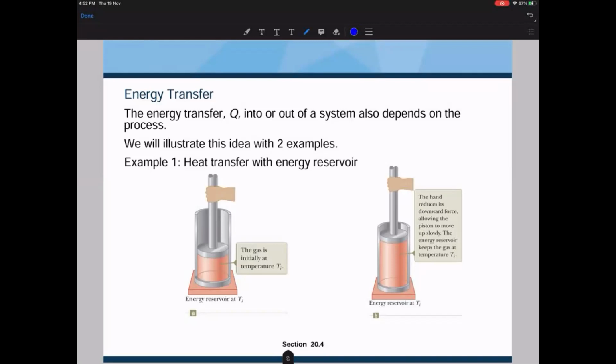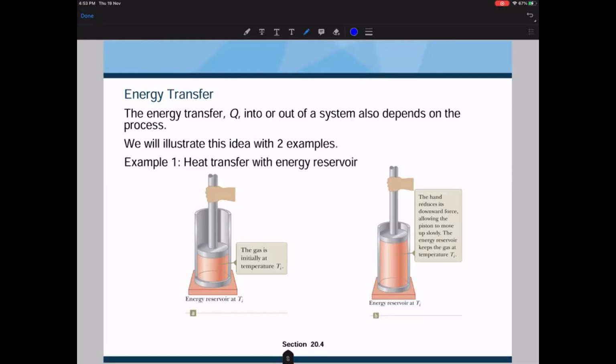The gas is in thermal equilibrium with the temperature reservoir, and then the hand is slowly raised or lowered so that the piston is moving into or out of the cylinder. When the piston is moved into or out, according to the ideal gas law, you would fully expect the temperature to be changed.